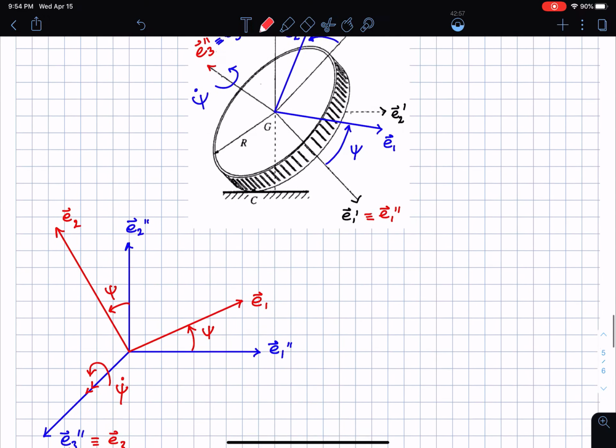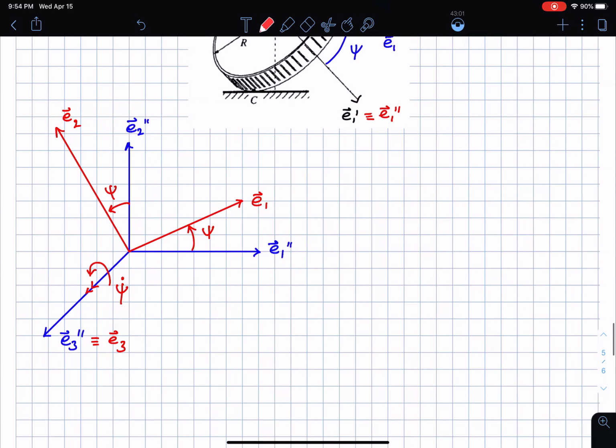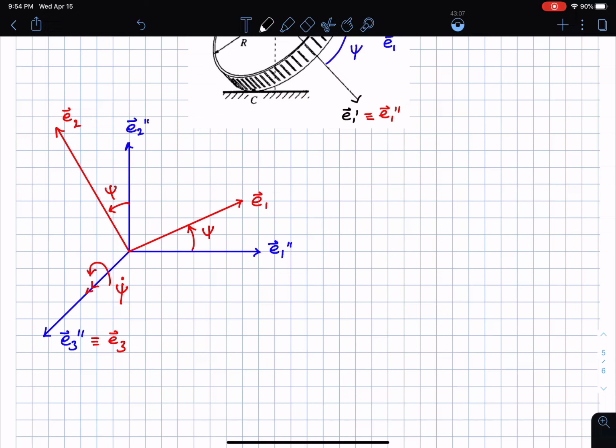Okay, this is exactly what you have seen in this figure here as well, and you can pretty much see that if I do the coordinate transformations, if I take E1 and then split it into components along one direction versus the other, here is what I end up getting. Okay, so E1 is going to be cos psi E1 double prime, sin psi E2 double prime, 0 times E3 double prime.